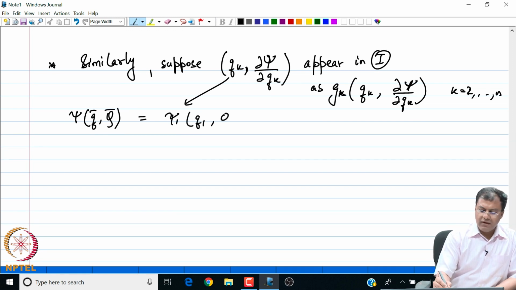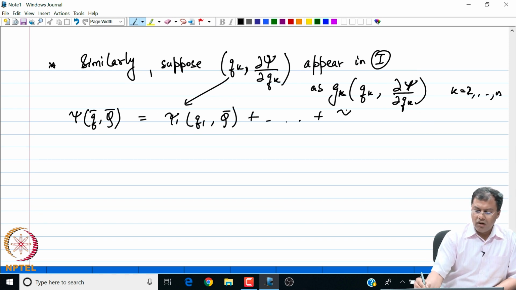We are saying that we can continue our separation of variables to all the dimensions, to all the possible components of the dependent variable, right.